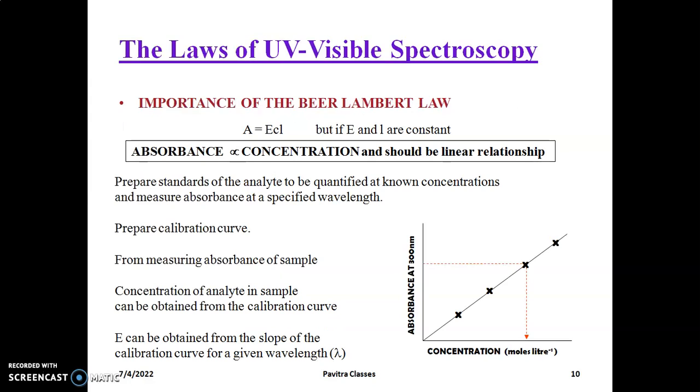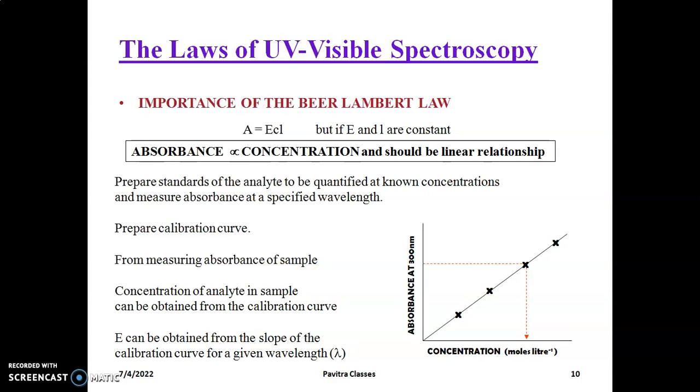The importance of the Beer-Lambert law is that absorbance is directly proportional to concentration, and it should give a linear relationship between absorbance and concentration. Whenever this linear relationship holds, we can use a calibration curve. It gives a straight line.